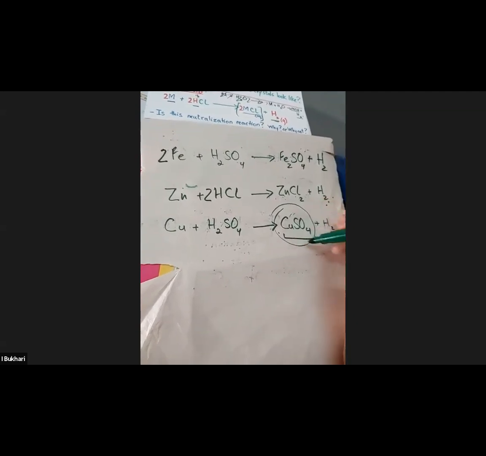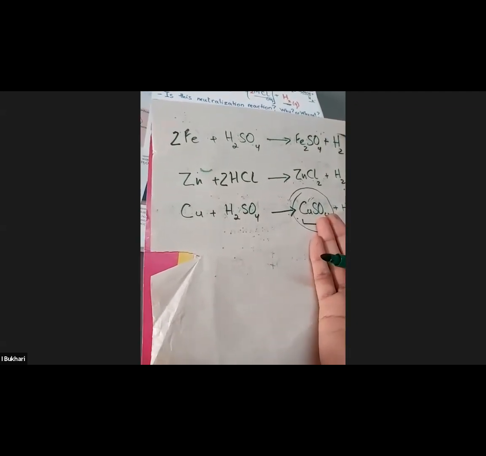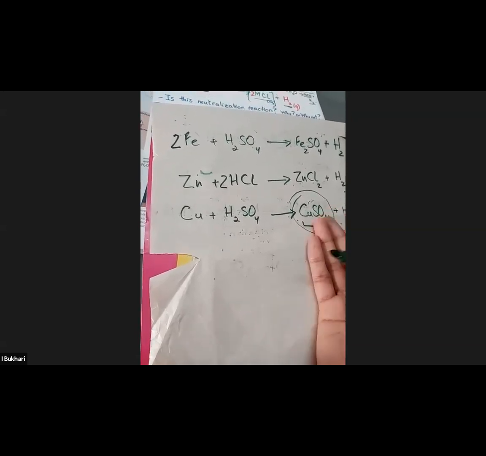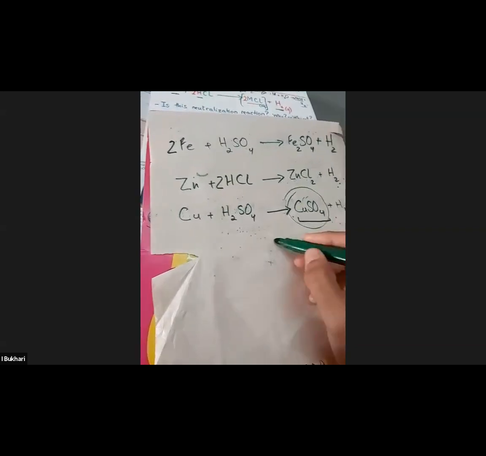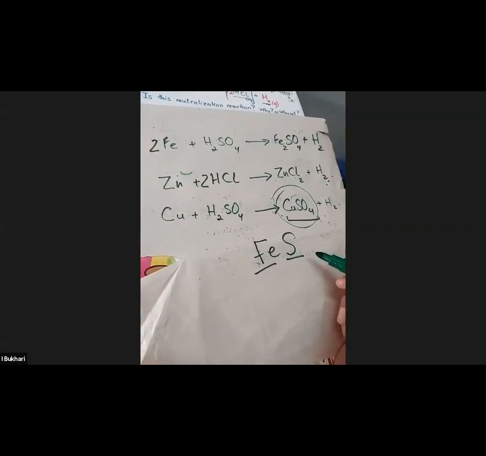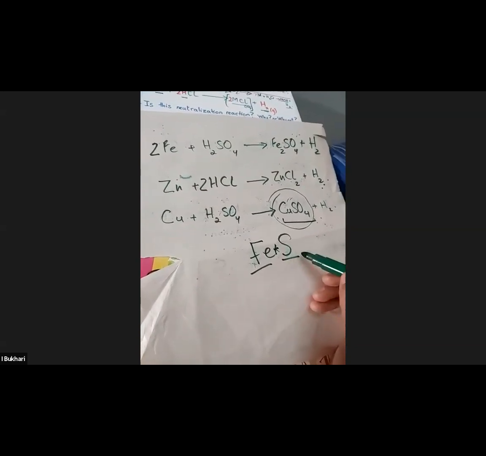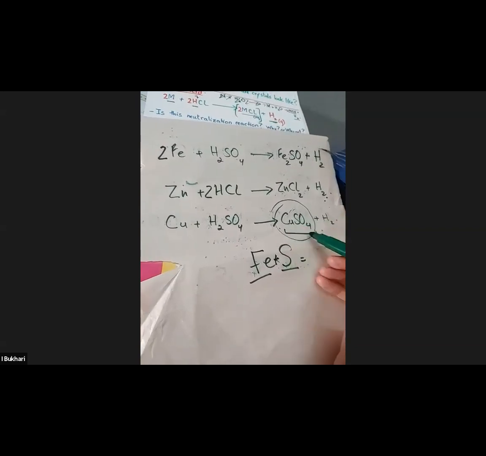It's a polyatomic anion. You cannot have just sulfate lying there. Direct combination can be used in case of salts like iron sulfide. So iron and sulfur, you can add them and heat them together and you can get iron sulfide, but not in this case because this is a polyatomic anion.